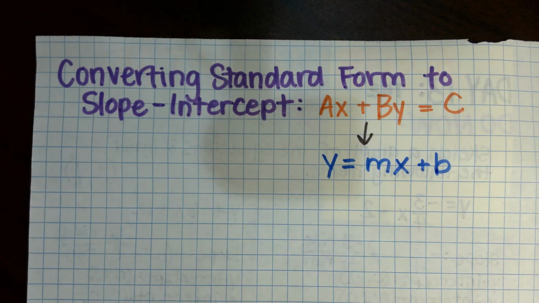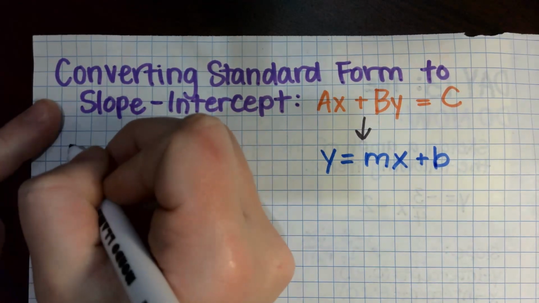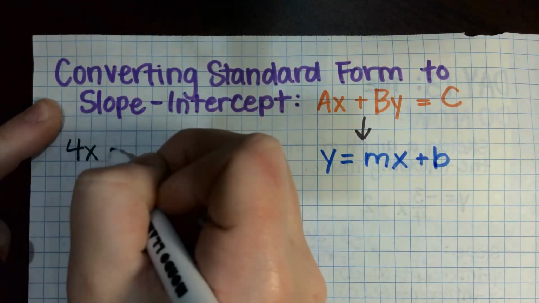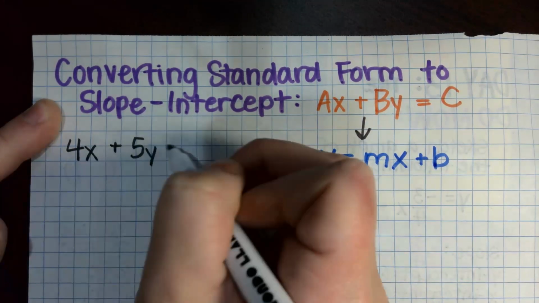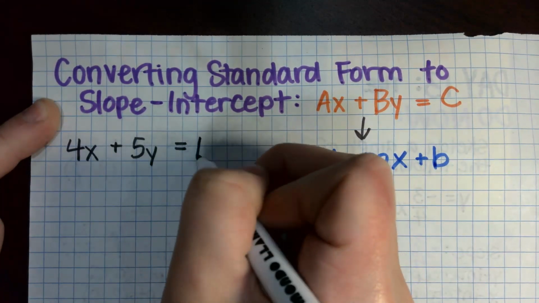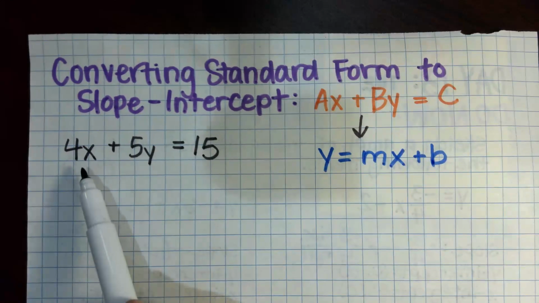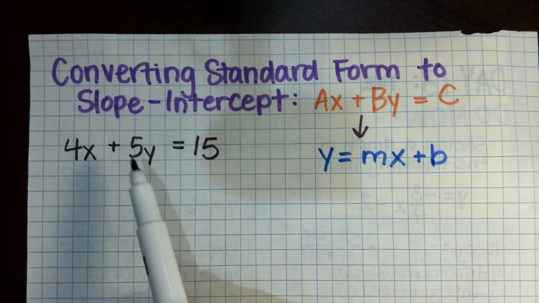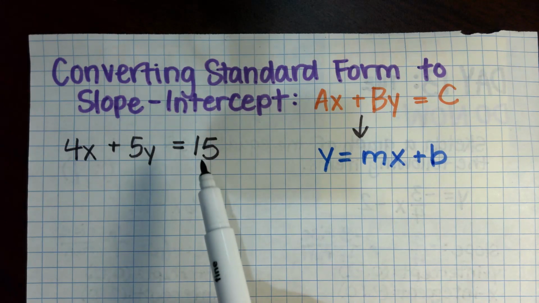I'm going to write out, let's do 4x plus 5y equals 15. So here we have our x and our y on one side, and then we have another number on the other side of the equal sign.